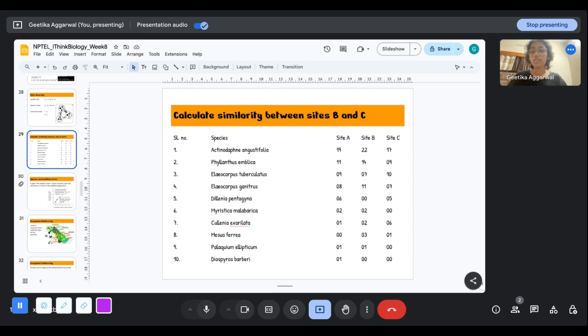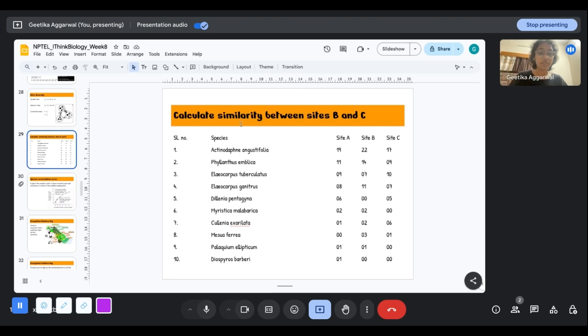And of these, in site A, we have 1, 2, 3, 4, 5, 6, 7, 8, and 9 species. In site A we actually have 9 species.